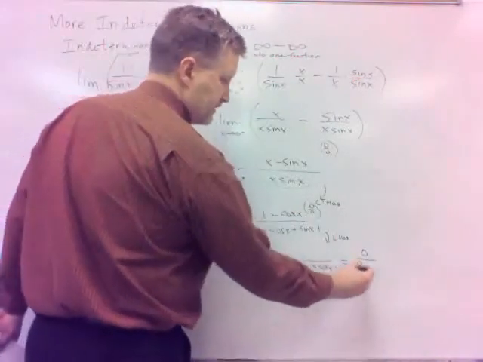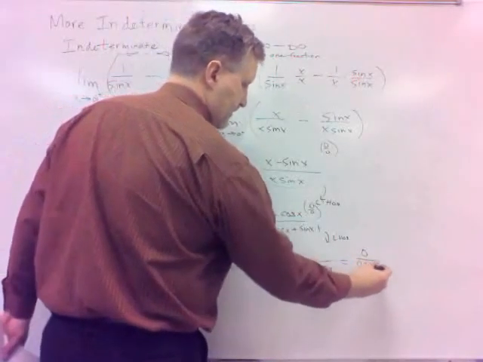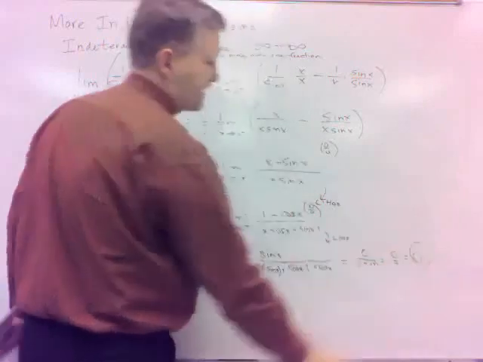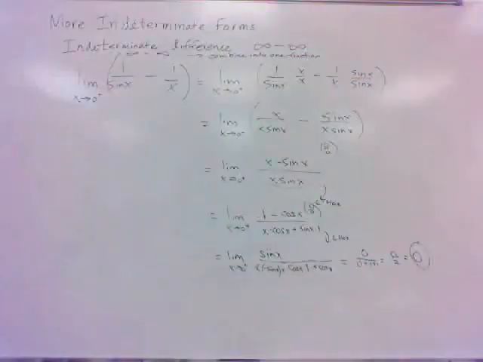Cosine is 1 as x goes to 0. So I've got 1 plus 1, so I've got 0 over 2. Hey, that's 0. Turns out this infinity minus infinity is 0. But don't be lulled into sleep on that. It's not always 0. It may not always be 0. But this one is. Is that okay?